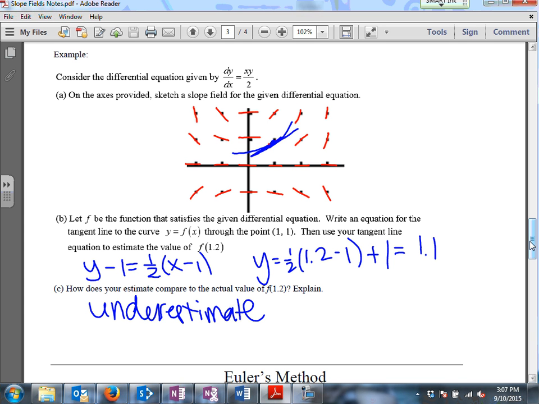We would have to do so using what kind of differentiation? Implicit. And you would have to multiply by dy/dx in there. Yeah, true. And if we did that, we would find that at (1, 1), our second derivative was positive, and so it would be concave up, and so it's an underestimate.